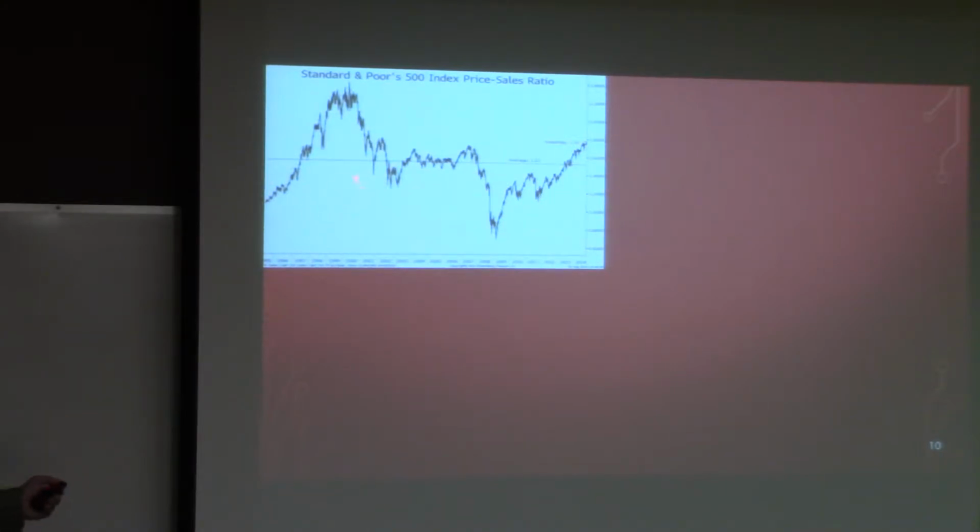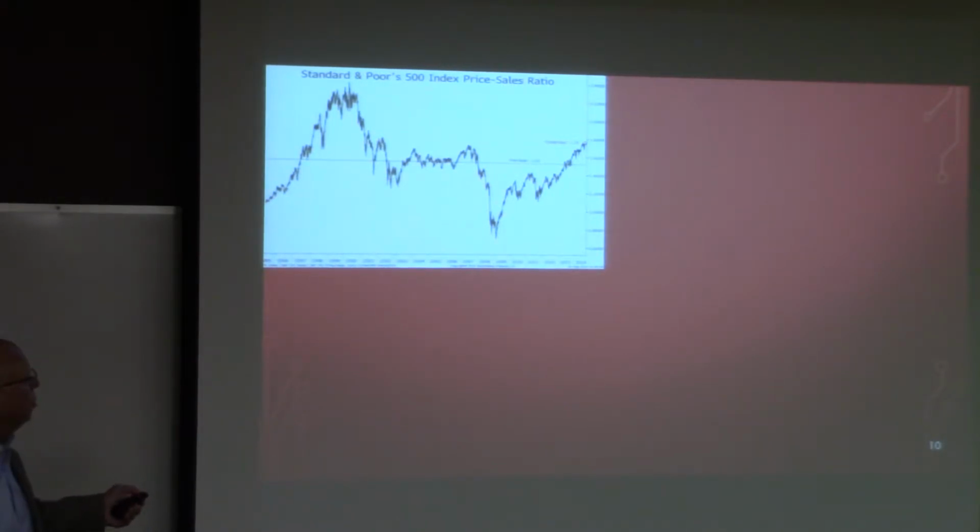Then it traded pretty flat through most of the 2000s. This is the Clinton years, and here's the Bush years right here. So the Clinton years up and down, and then we had the Bush years. And then we had the financial crisis at the end of the Bush years and the Obama years.